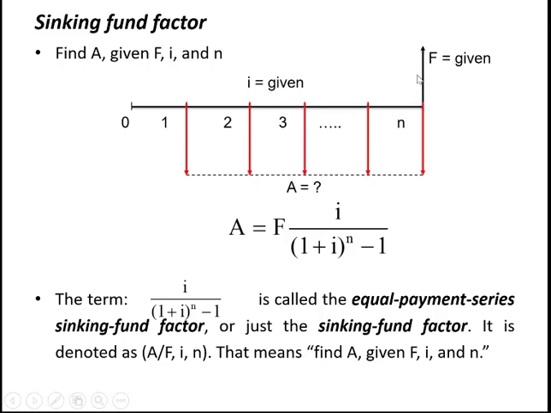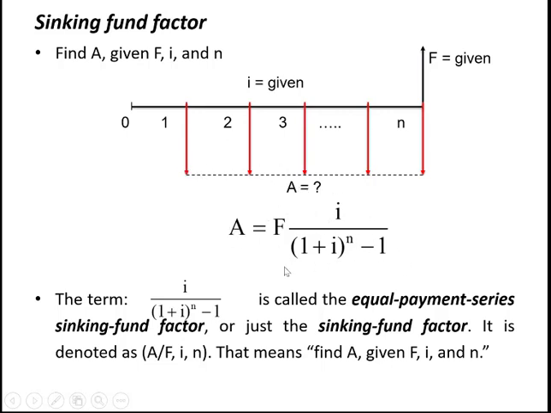We have a given future value of 100,000. Then we have to find the equal payment series, what's A here.